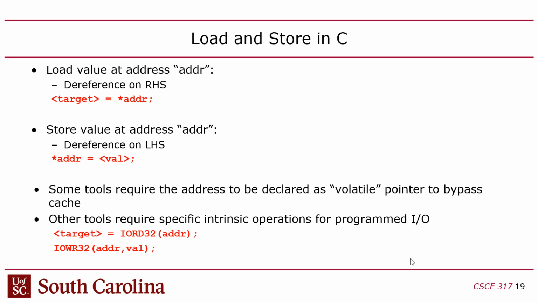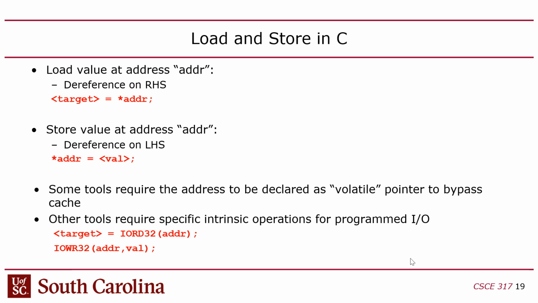You might not use pointers, I think you use pointers in 240, but basically what you do is you put the address in a pointer. So you have a variable that's an address, which is also known as a pointer. Then you put a star in front of it. Now, depending on whether that expression is on the left-hand side of an assignment or the right side will determine if it's a load or store instruction.